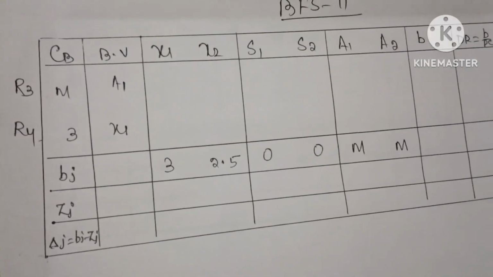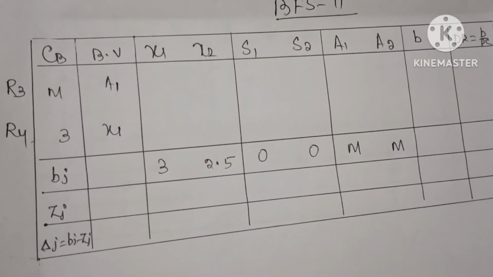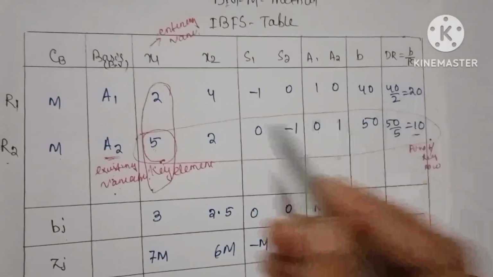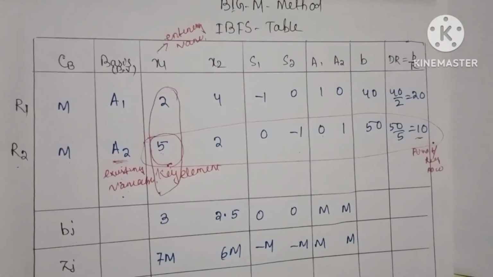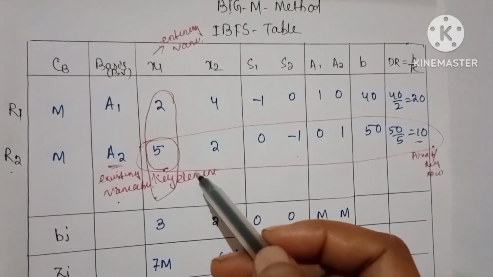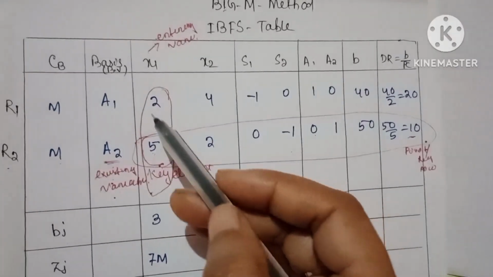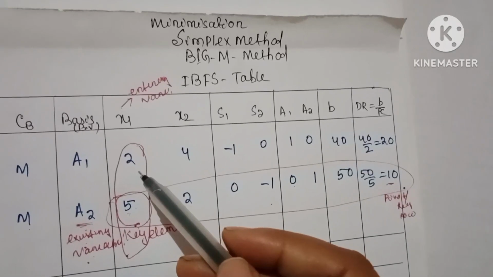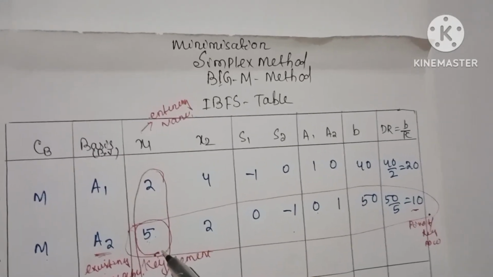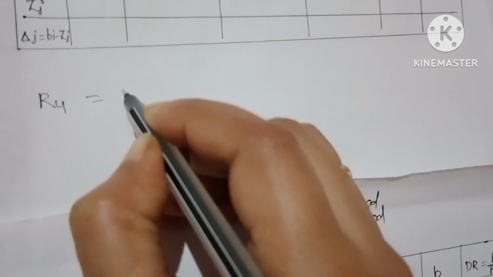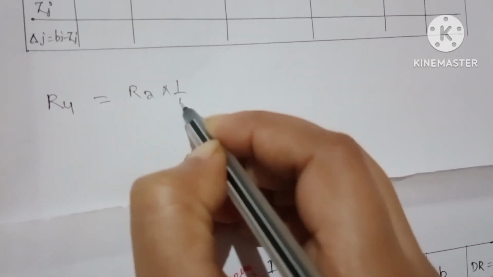Now we will calculate the values of R3 and R4. As we know, the formulation of the second BFS is to make the key element 1 and all other elements in the pivot column 0. So how to calculate it? The new value, that is R4, equals R2 into 1 by 5.